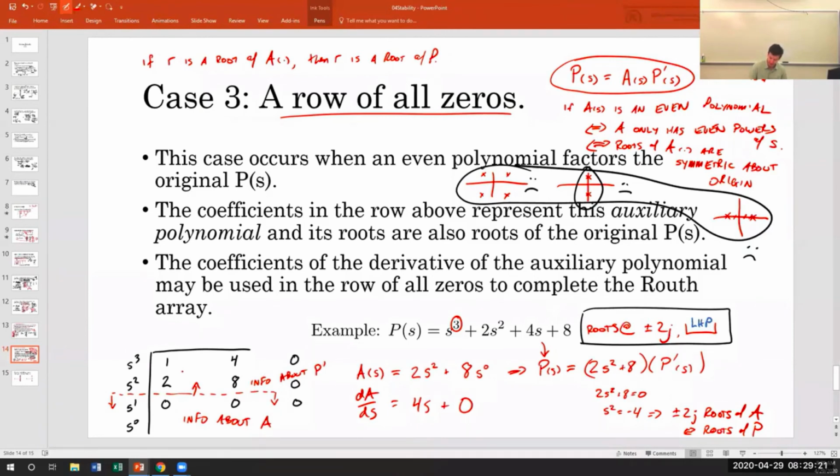And the info about P prime is there are no sign changes, which means that P prime only has, at worst, a root on the imaginary axis. So I guess let's be accurate here. This is left half plane or the origin.